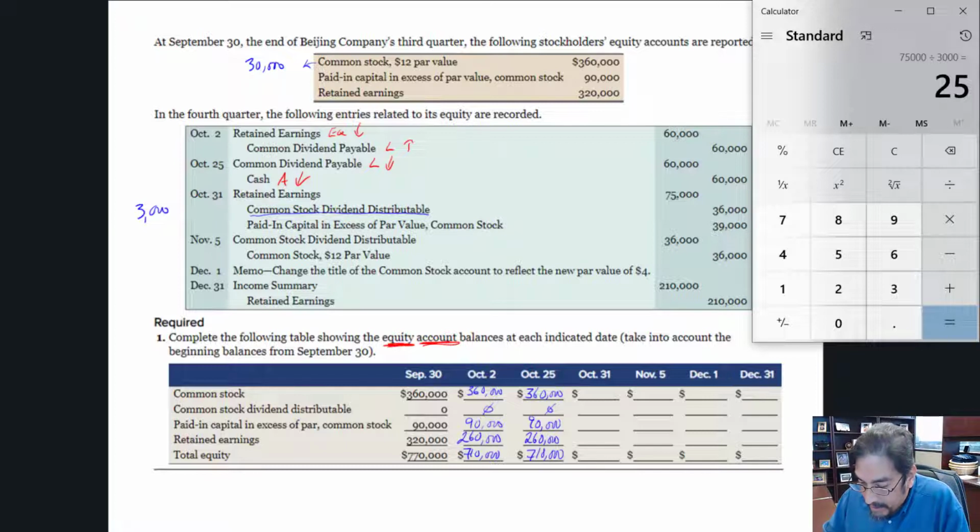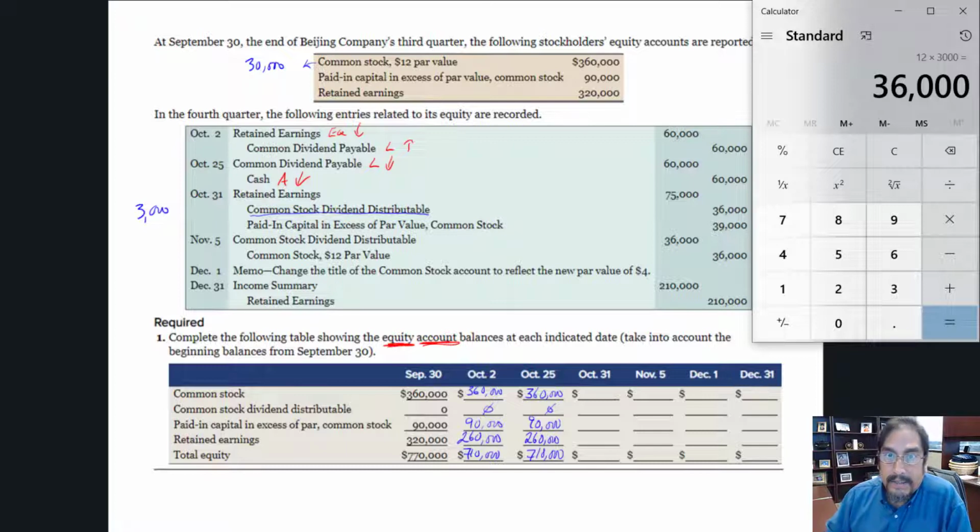So par value is $12, and we've calculated that this is 3,000 shares. So $12 times 3,000 shares is the $36,000 that we are going to eventually credit common stock for.